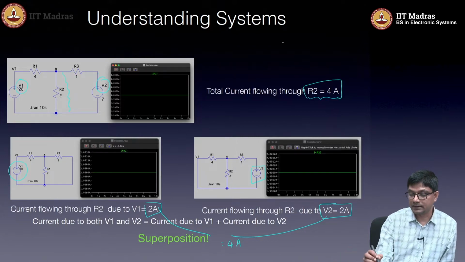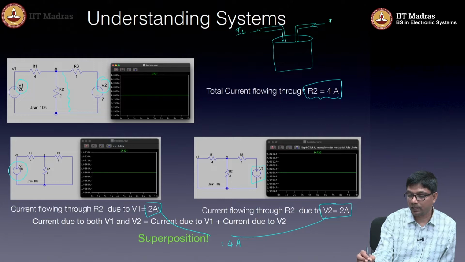It's as simple as saying, if I look at our tank example, let's say there are two inputs. So say 2 taps, Q1 and Q2, and water is filling through the taps into the bucket.